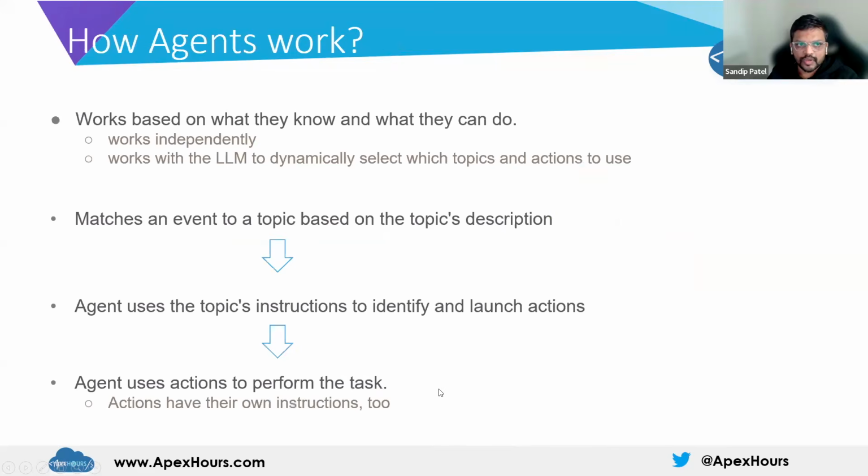Okay, now talking about how an agent works. Let's say we have one use case, or we want to implement an agent, and we are curious to know how it will work. It works based on what it knows and what it can do. When you configure an agent, you have to tell the agent what needs to be done, which is basically the action, and what information it should get.